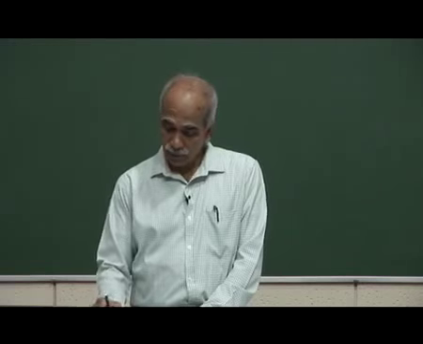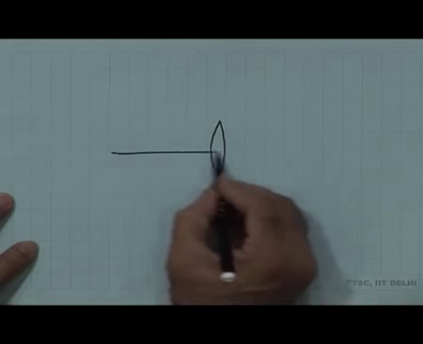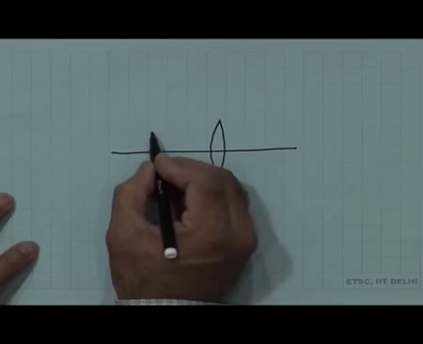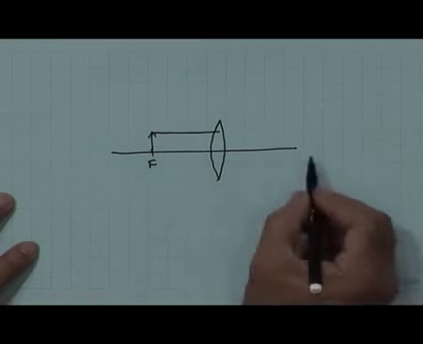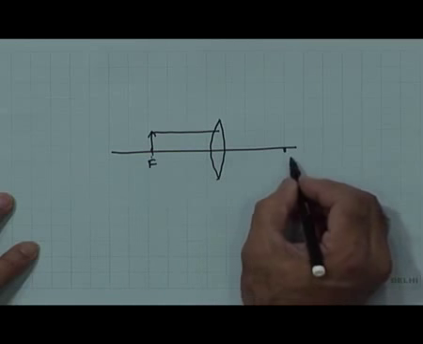Eye focused at infinity means we have the lens here, and this is the focal length, and therefore, the object is placed at the focus here. So, we have a parallel ray coming here. There is a focus here, which means at the same distance the second focal length here.